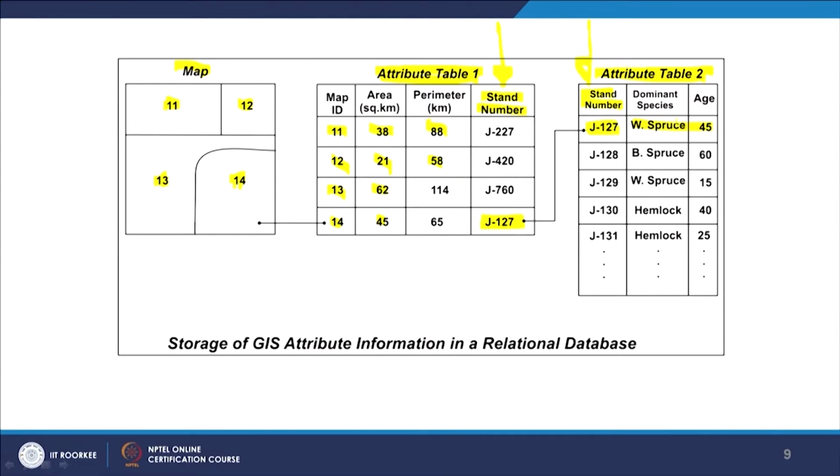The rest are not getting related. There might be a scenario where all rows of table 1 get related with table 2. So, this is how the relationships between two tables or two databases can be established very easily.